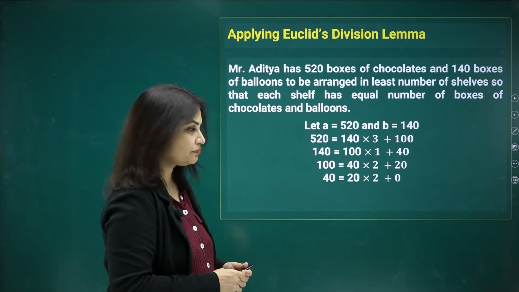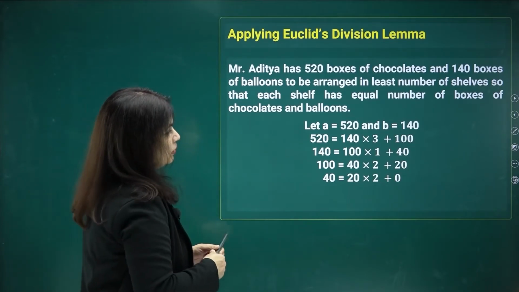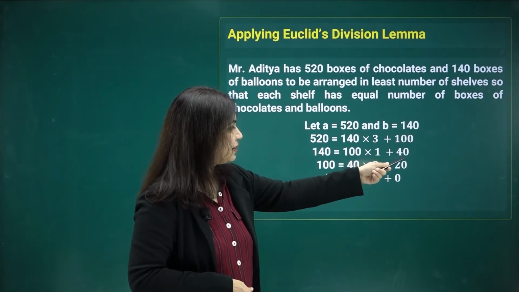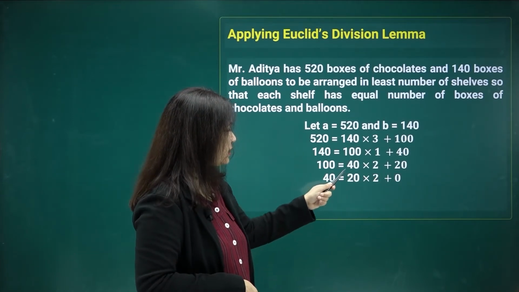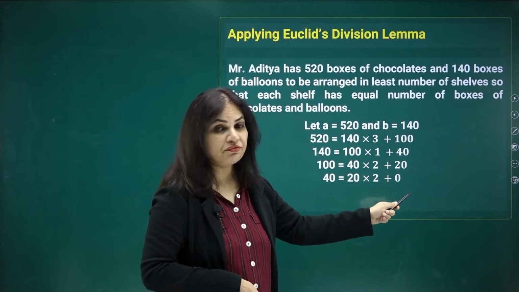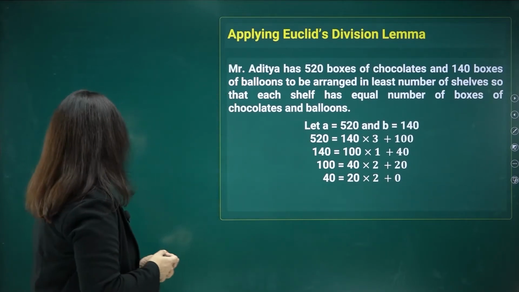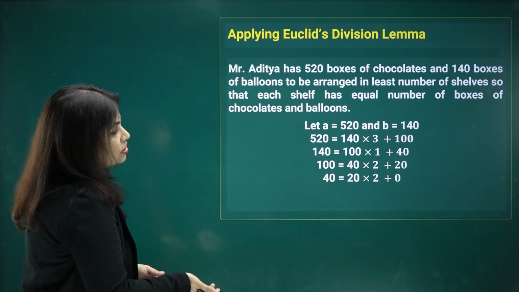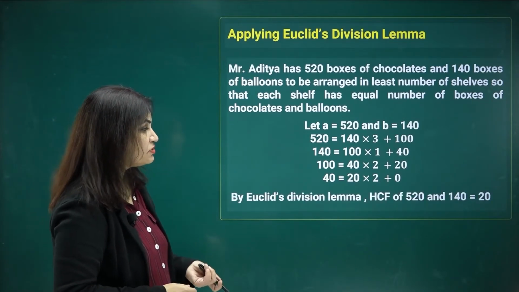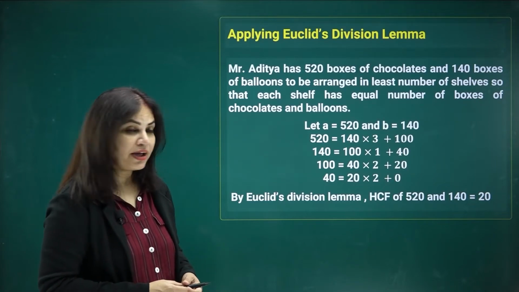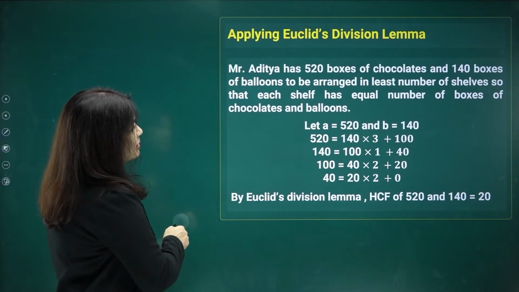Next, 100 is again divided by 40 to give 20 as the remainder. 40 is again divided by 20 to give 0 as the remainder. So, with this we come to remainder 0. So, by Euclid's division lemma, HCF of 520 and 140 is 20.